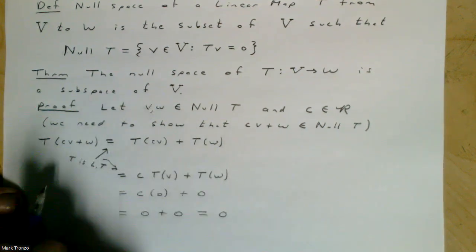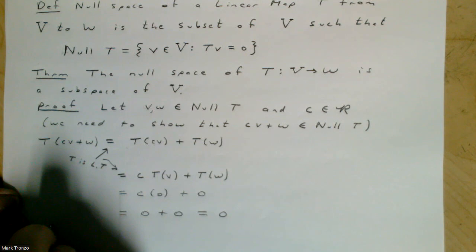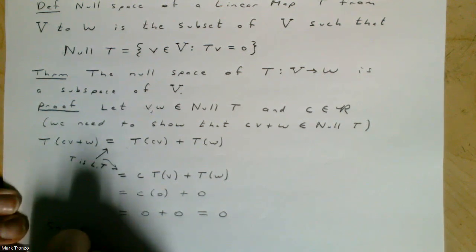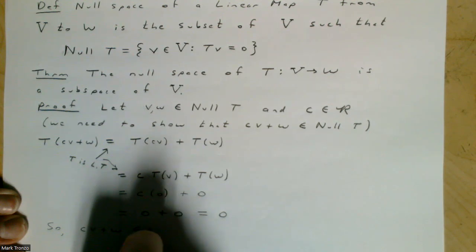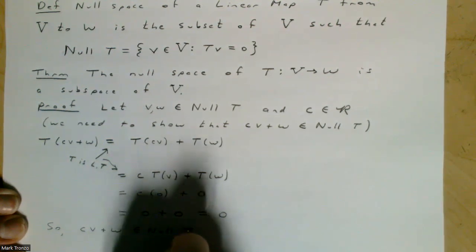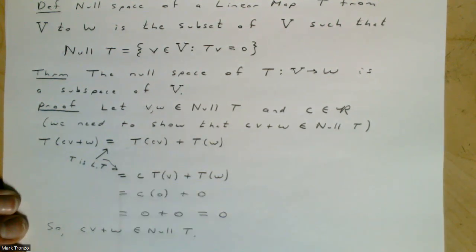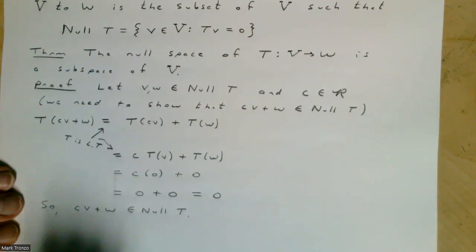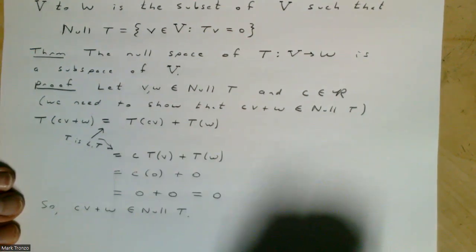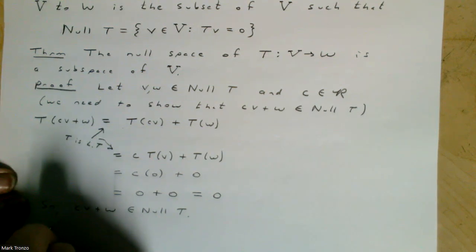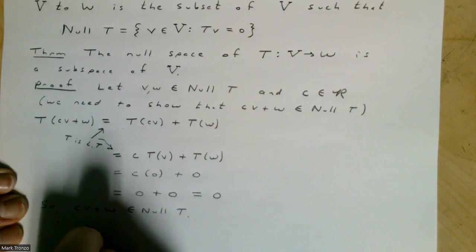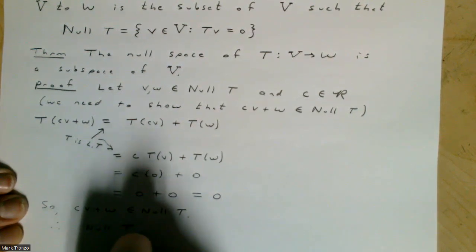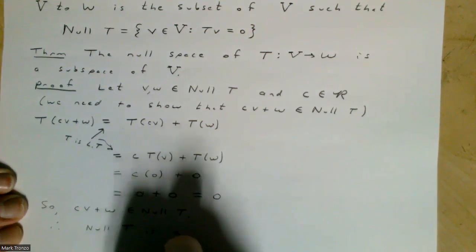So that means cv plus w is in fact in the null space of T. Therefore, the null of T is a subspace.